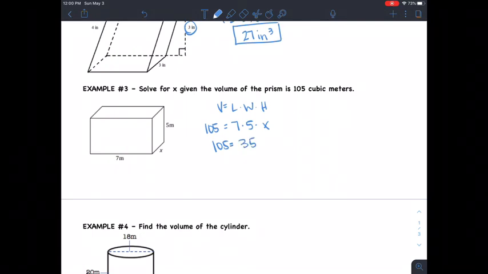So 105 is equal to 35x. And if I do 105 divided by 35, it is 3. So it is 3 meters.